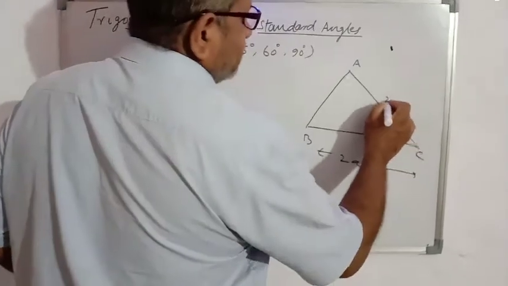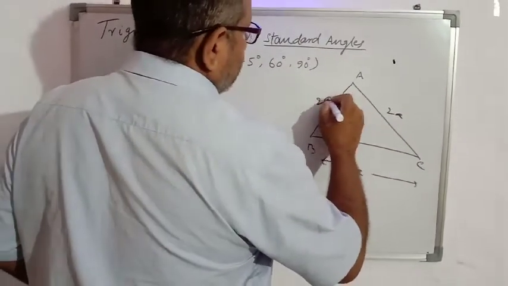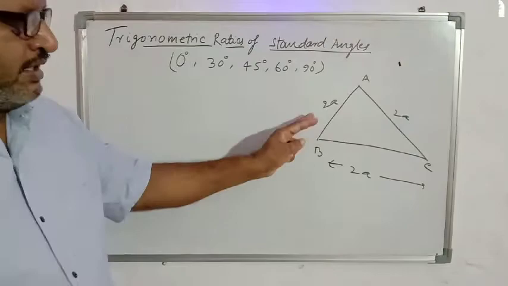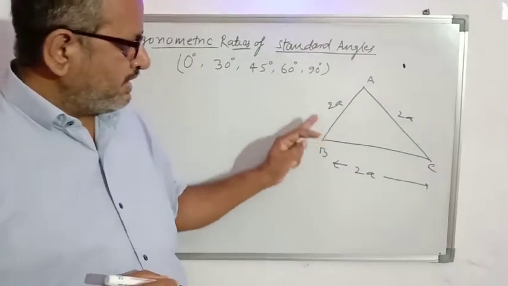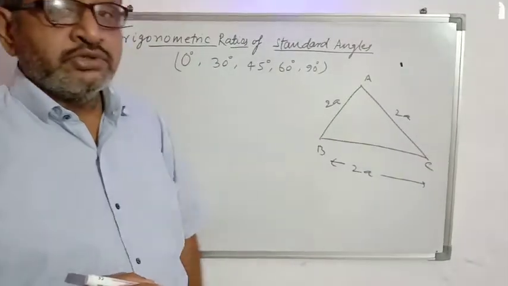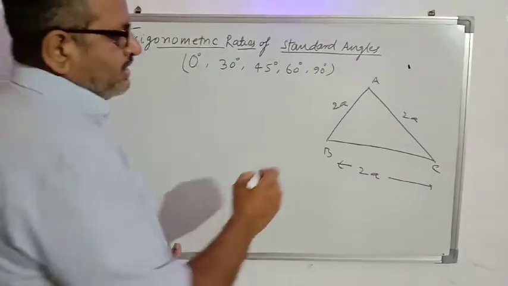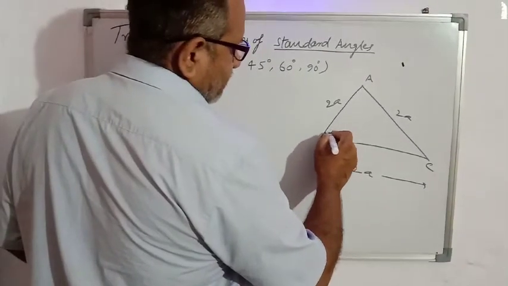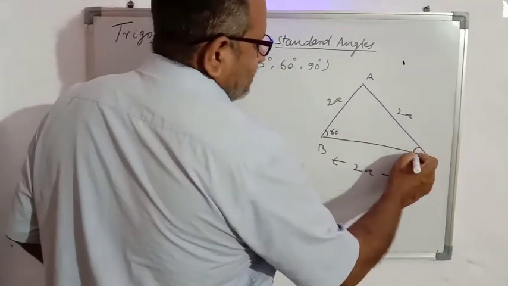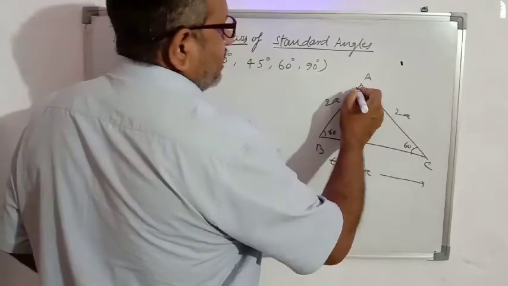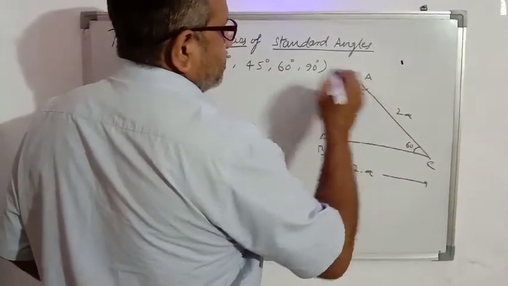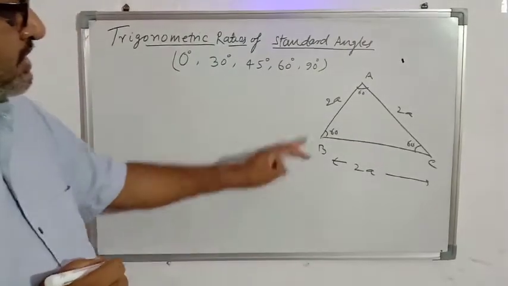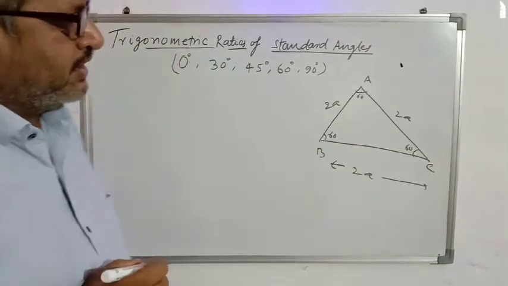In an equilateral triangle, all the three sides are equal. Let us suppose each side is equal to 2A. We know that each angle in an equilateral triangle is 60 degree. Each angle 60 degree, all the sides are equal.